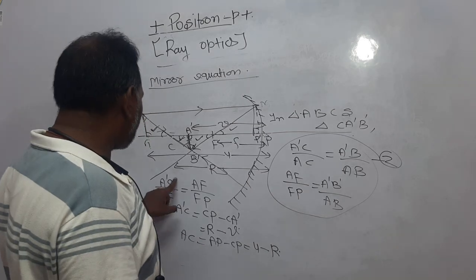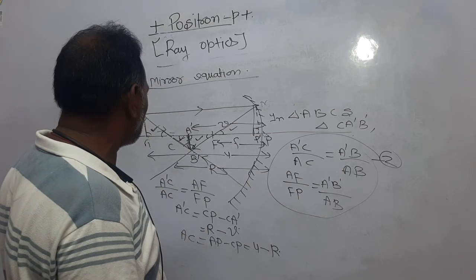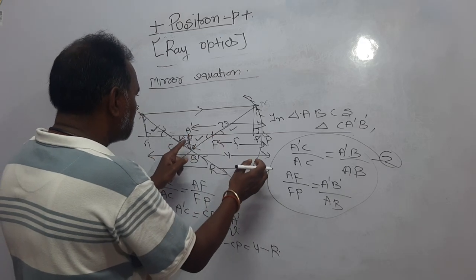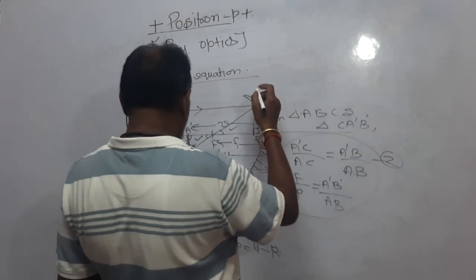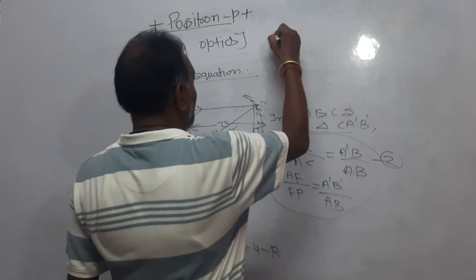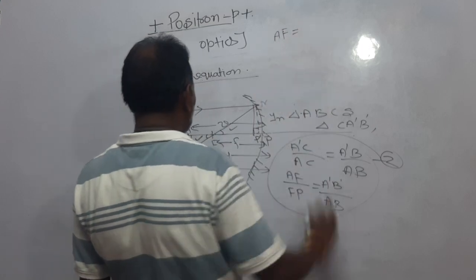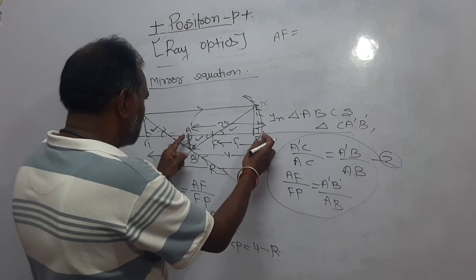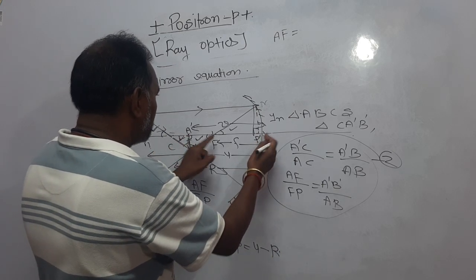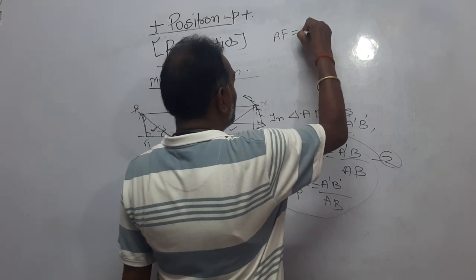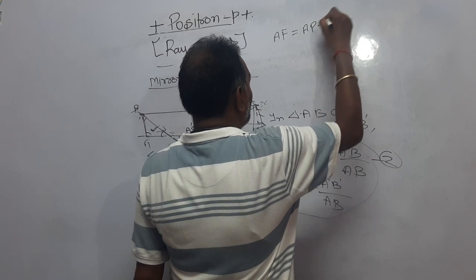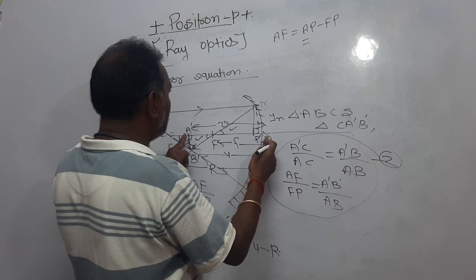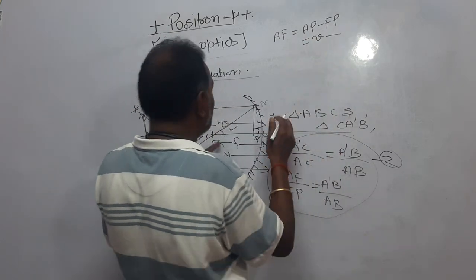Now, this is A dash C, this is AP. What is AF? AF is that much. This is AF. Dear student, you can write AF as AP minus FP. And AP is actually V, FP is F.